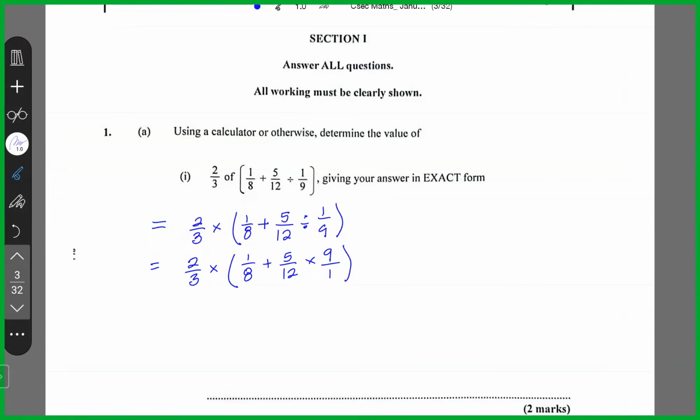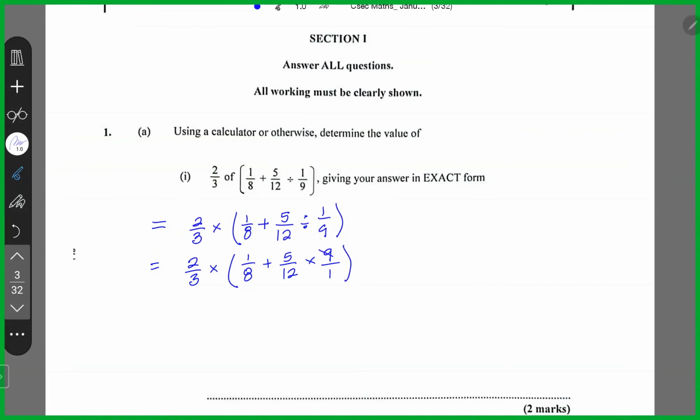Inside the brackets, we have addition and division. So if you have addition and division, you must always do the division before you do addition. Addition and subtraction are lower level operations. They are normally done last.